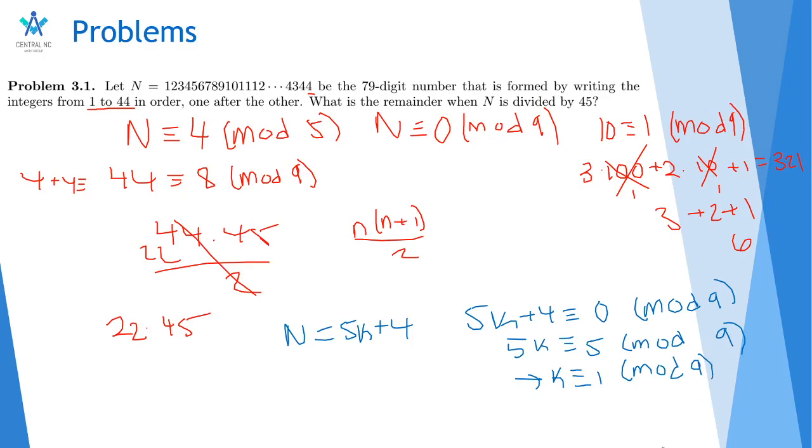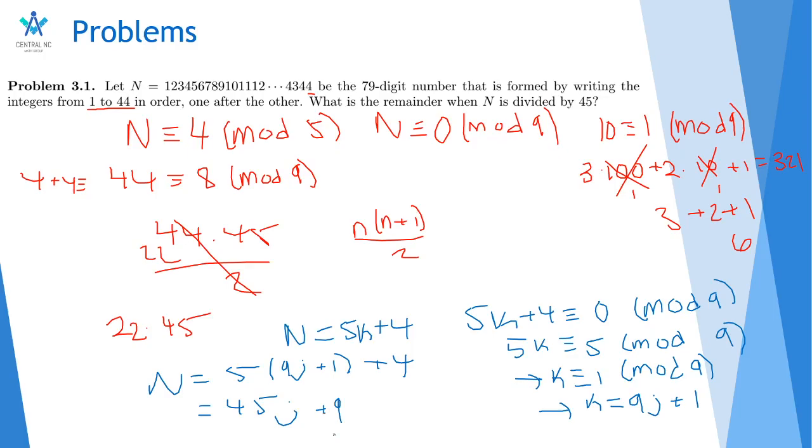Now, all I have to do is write this as an equation. k is equal to 9j plus 1 for an integer j. So if we sub that back in, n is equal to 5 times 9j plus 1, plus 4, and that will give us n is equal to 45j plus 5 plus 4, so that's 45j plus 9, which if we convert into congruence will be 9 modulo 45.